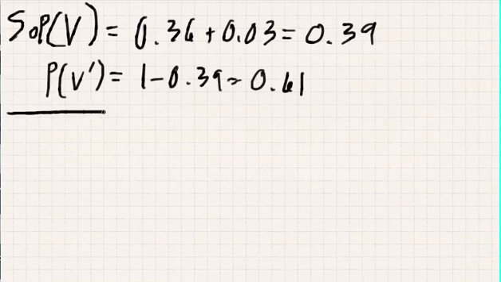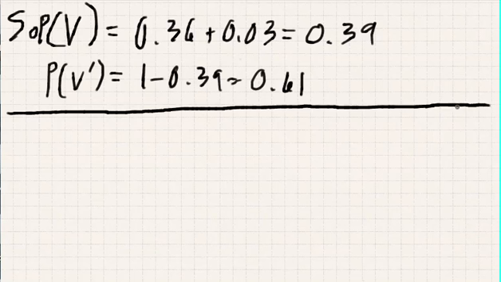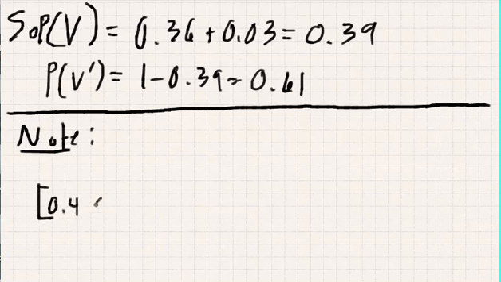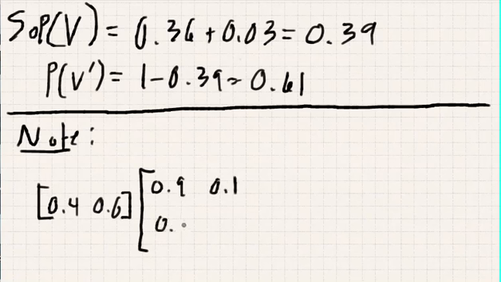Okay. Well, drawing out a tree diagram each time is pretty tedious, but I would like us to note the following. Let me take my initial state matrix, which is 0.4 and 0.6, and let me multiply it on the right by my transition matrix, which was 0.9, 0.1, 0.05, and 0.95.